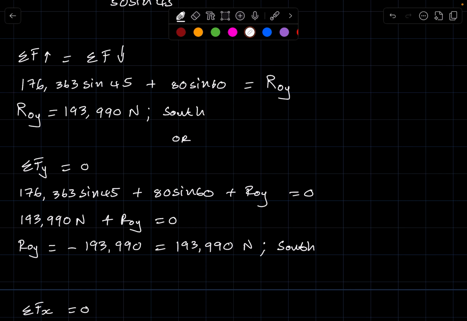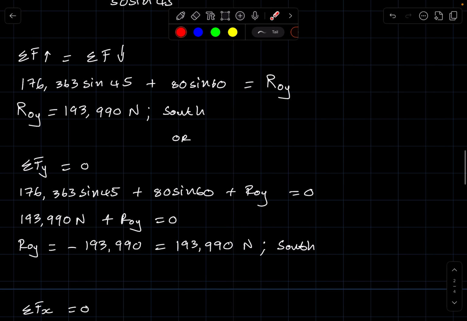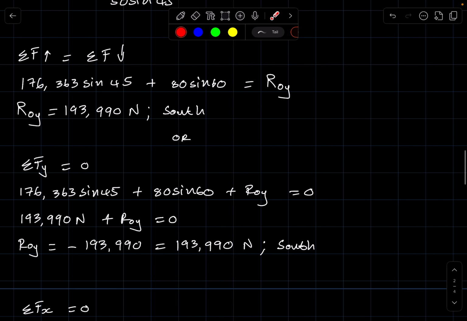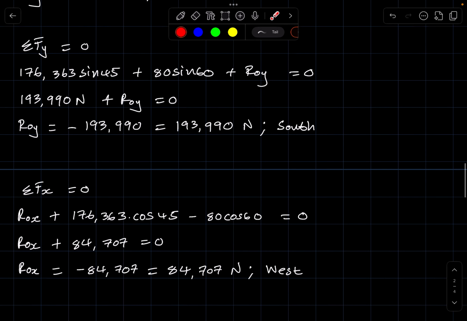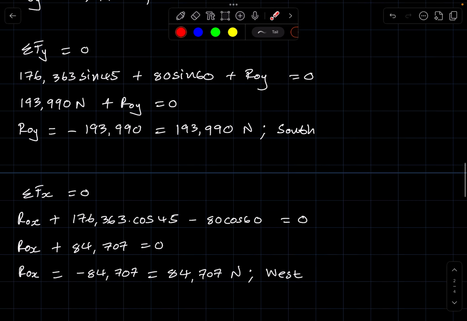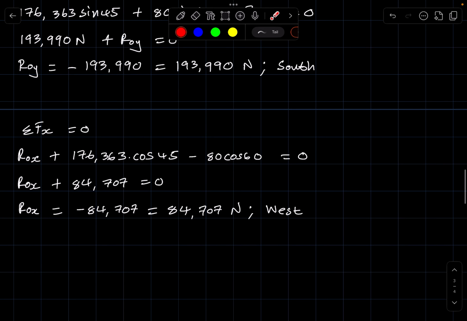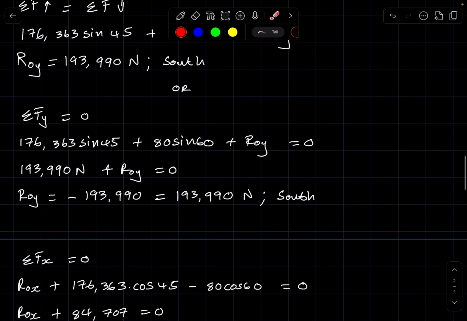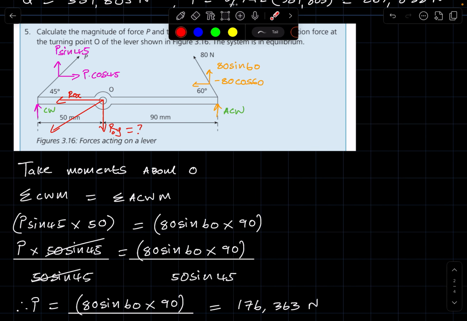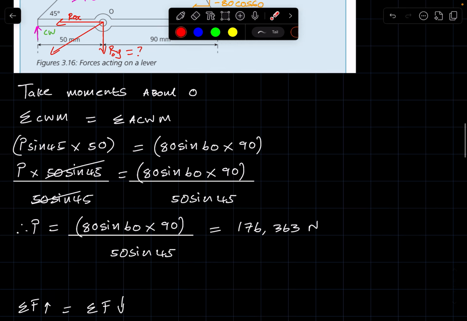So based on the direction of our components, the Y component is south, the X component is west. By virtue of those two directions, we already expected that the reaction force would be in the third quadrant, and then this confirms it as well.